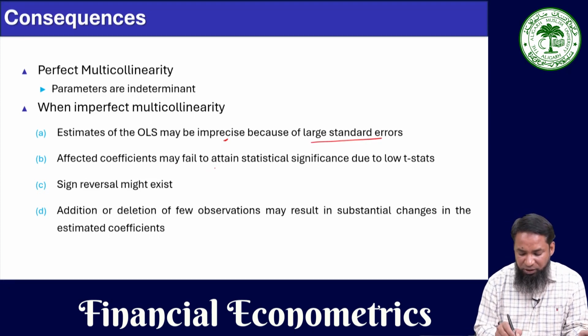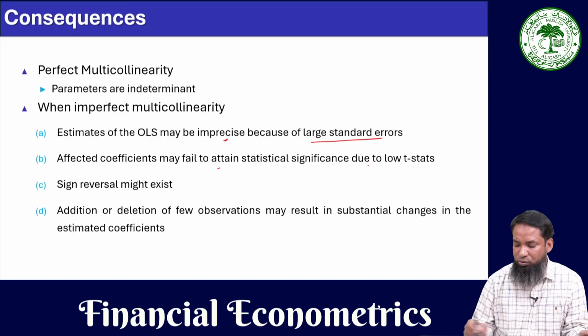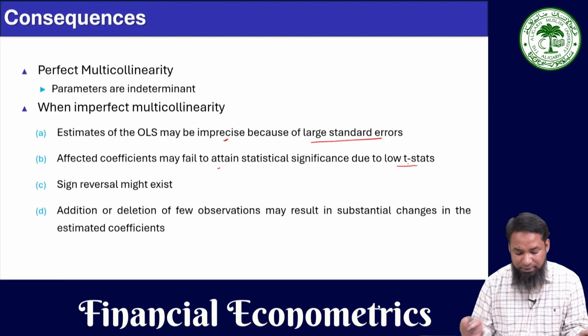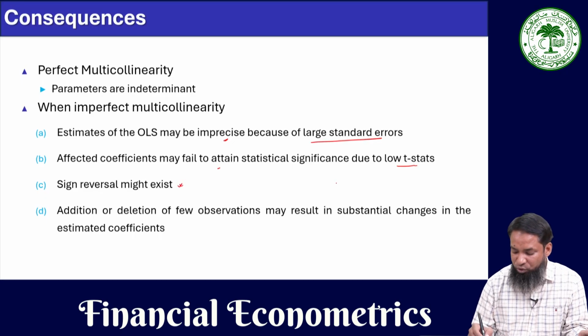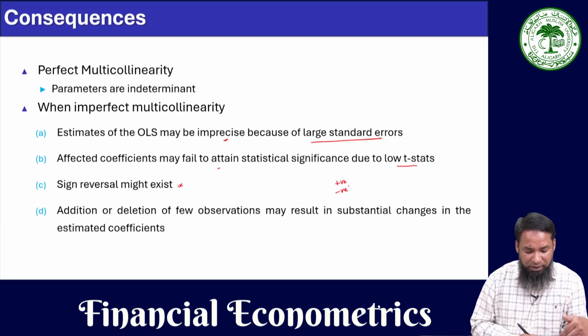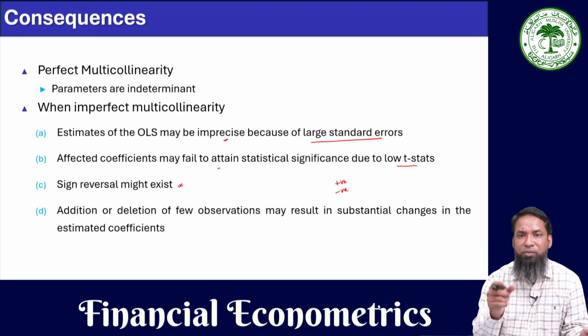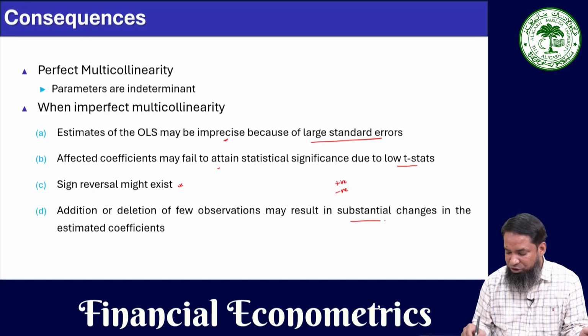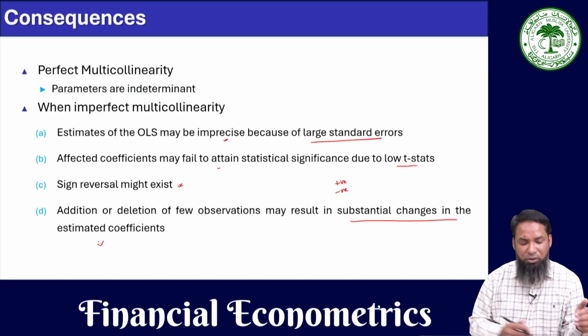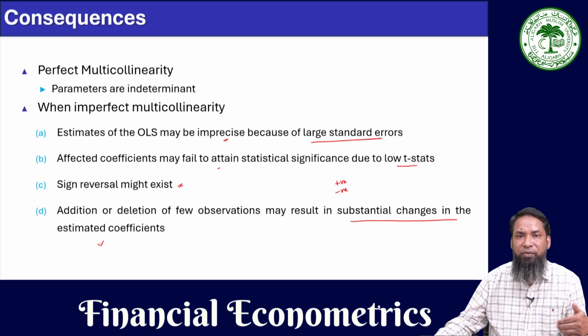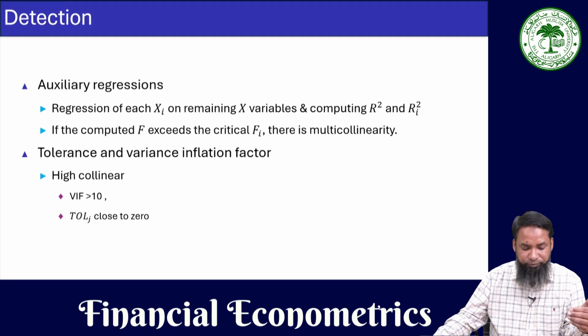Affected coefficients may fail to attain statistical significance due to low t statistics. Sign reversal might exist, that is, the true relationship could be positive, but we may get a negative. Lastly, addition or deletion of a few observations may result in a substantial change in the estimated coefficients. So these are certain consequences we will face in the presence of multicollinearity.